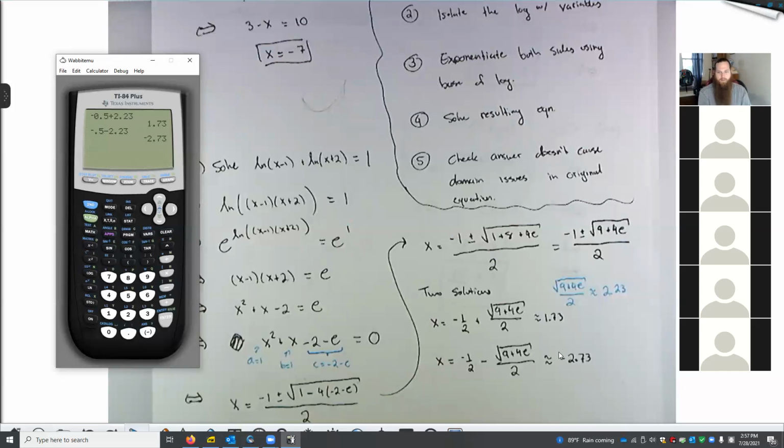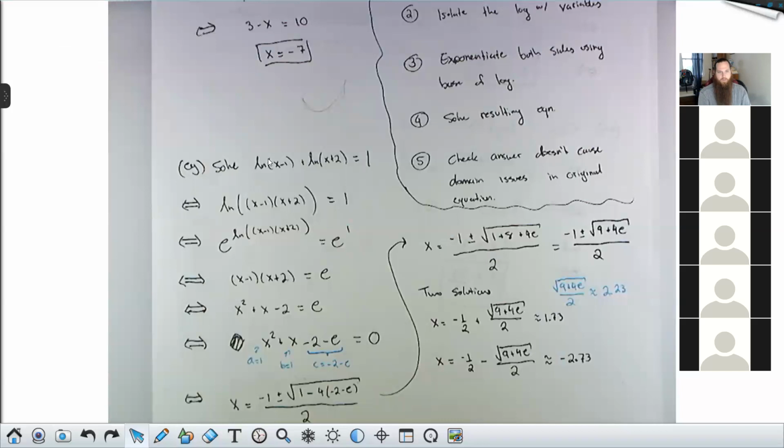And it's not that it's negative. It's that when I plug it in here, that thing, x minus 1, is negative. So any answer I get, according to this guy, I need to check and make sure that it's bigger than 1. If an x value is not bigger than 1, the inside of this log would be negative. This guy requires that any x value I plug in is bigger than -2.